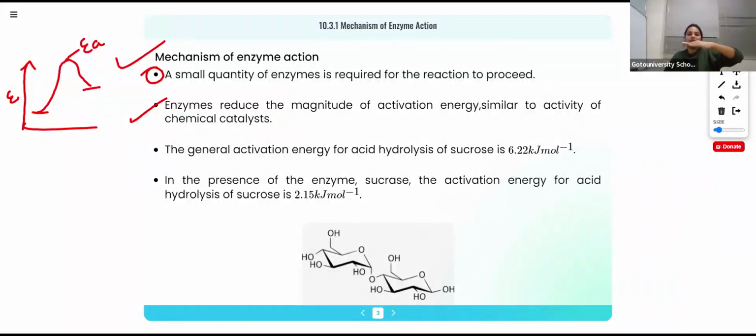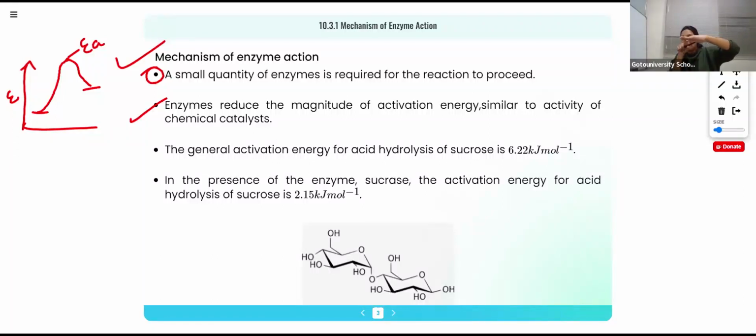Only 10 students are able to cross this barrier. Suppose I am reducing the height. Then 5 more students are capable of crossing. Got it? So this is like the activation energy of the reaction. From the 20 molecules, 10 molecules are able to cross this barrier.